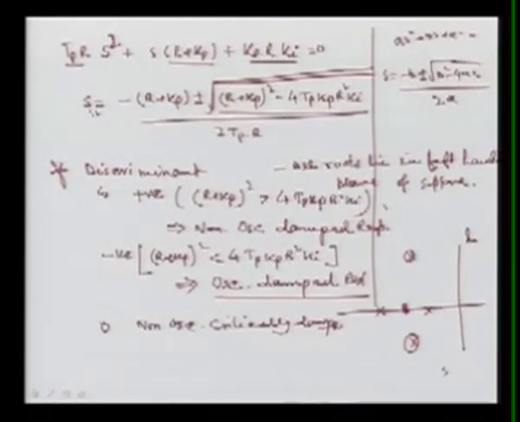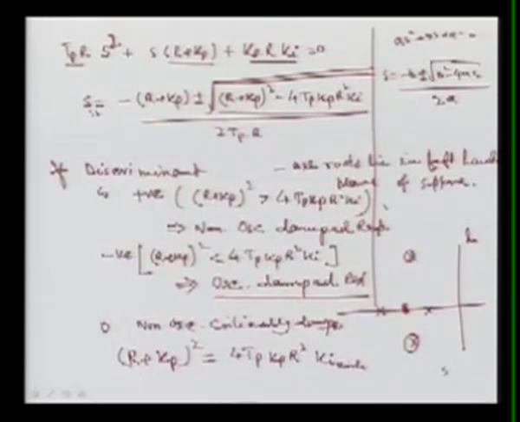Here we are getting the value of Ki critical, that is R plus Kp square will be equal to 4 Tp Kp R square Ki critical. Others are fixed, only Ki is set in such a fashion that this discriminant value is 0, and we are getting the critically damped non-oscillatory performance.